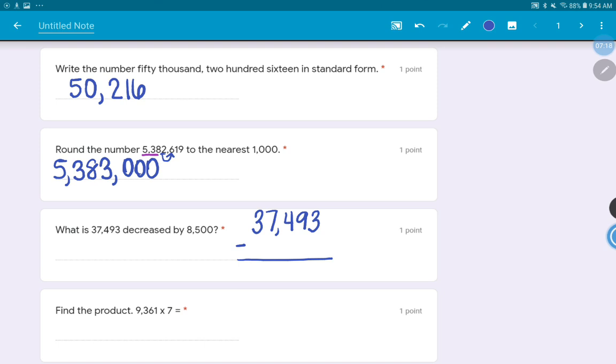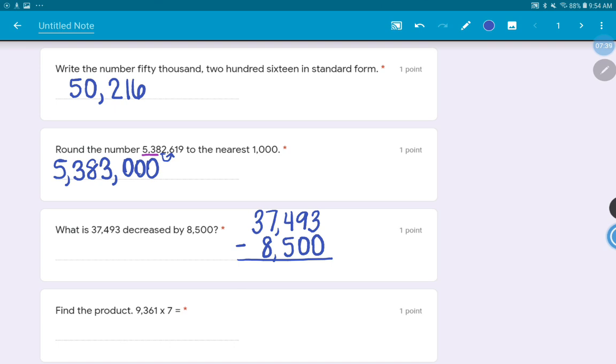Very good. So, Cash, when I'm writing 8,500 to subtract from 37,493, where do I need to put that 8? Underneath the 7. You're exactly right. Why? Because that number's not bigger than 37,000.